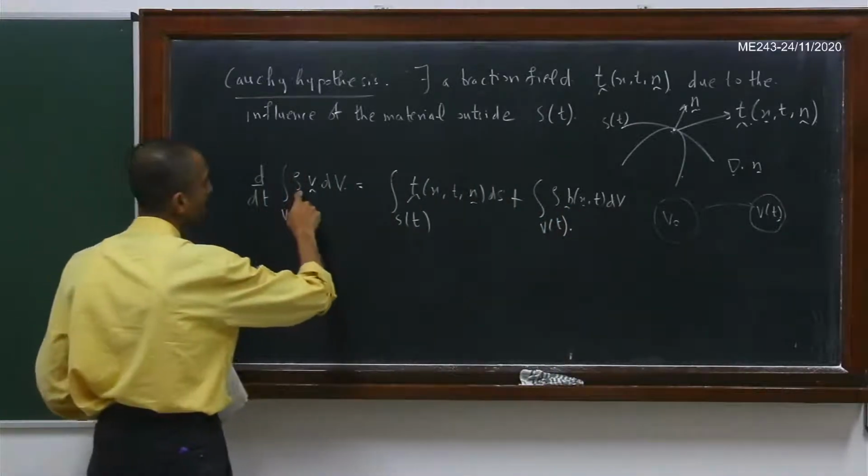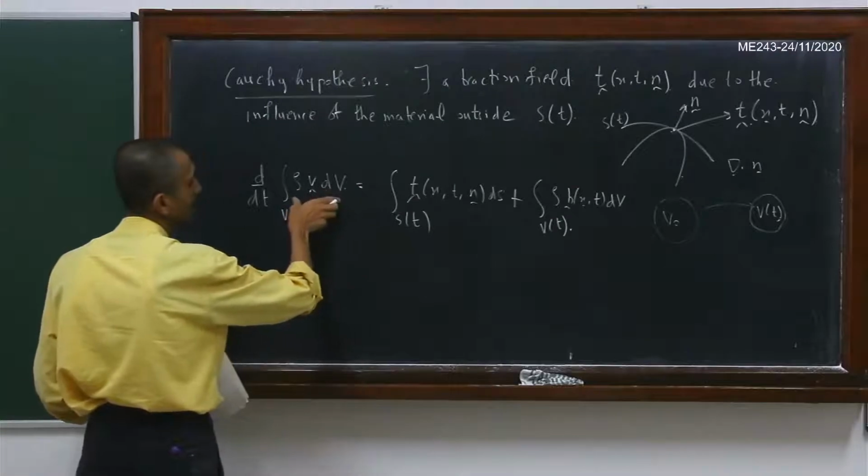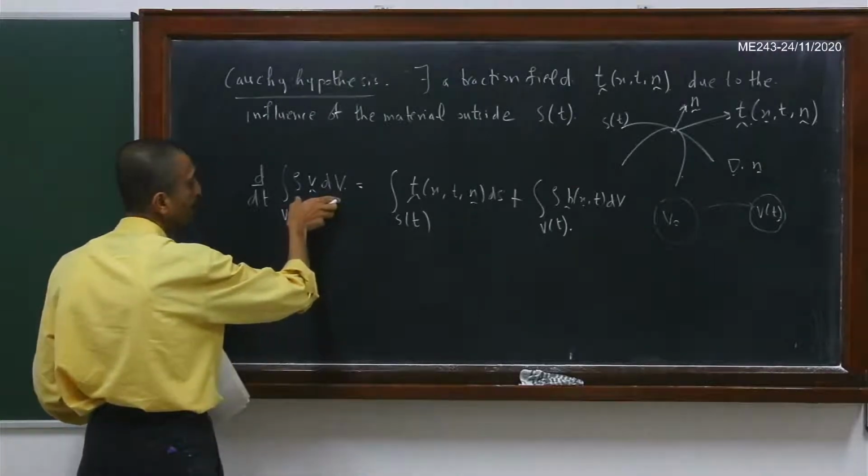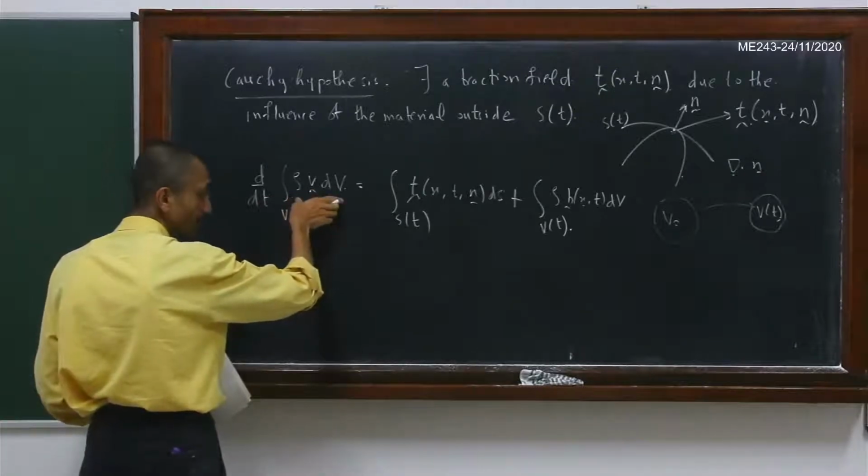This integral of rho v dv gives us the total linear momentum of the material volume. Then d by dt of that gives us the rate of change of linear momentum.